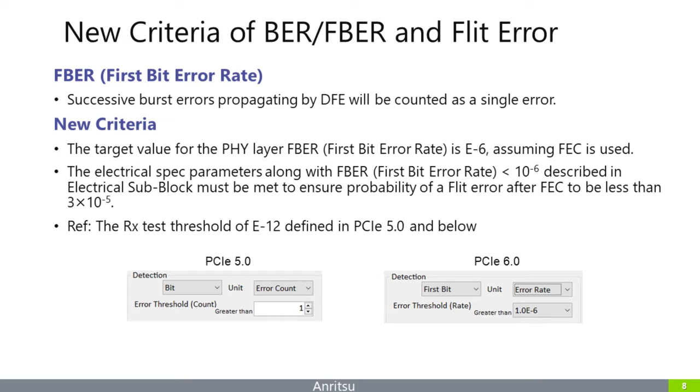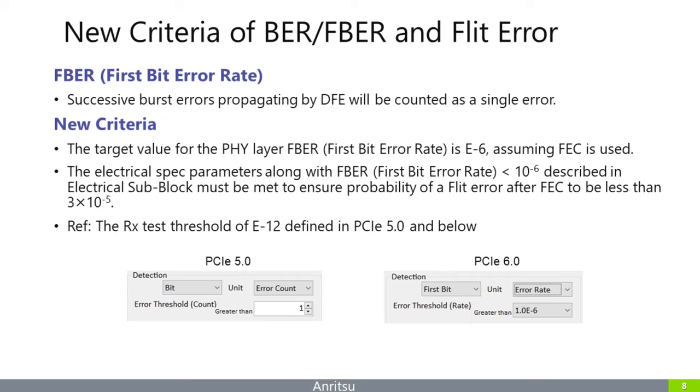So it's almost no errors. But now with PCIe Gen 6, because of the PAM4 and loss of the channel, it's going to be very difficult to get error-free. That is because error correction is used, and the new criteria is E-6.